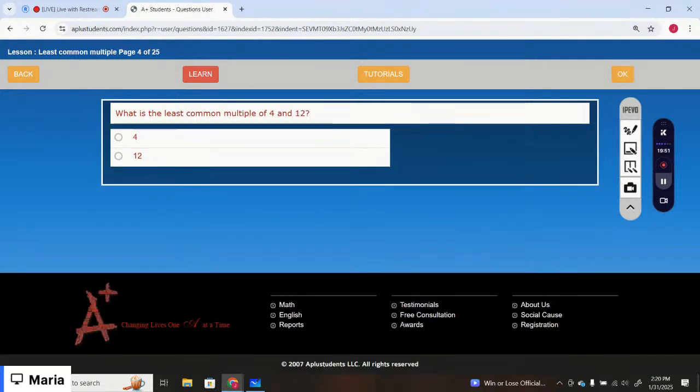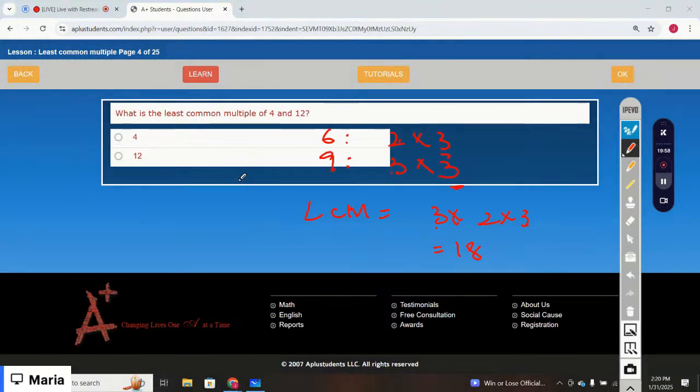What is the least common multiple of 4 and 12? The prime factors of 4 are 2 times 2, and for 12, that is 2 times 2 times 3. So, their LCM is the common multiples multiplied by non-common multiples. 2 times 2 is 4 and 4 times 3 is 12. So, the LCM is 12.